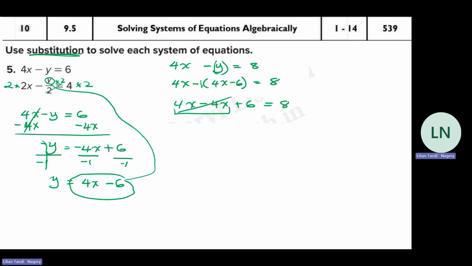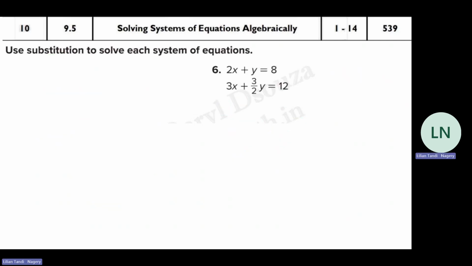This is 0. 6 is not equal to 8, so no solution. Okay? All right. So here is your answer. No solution.